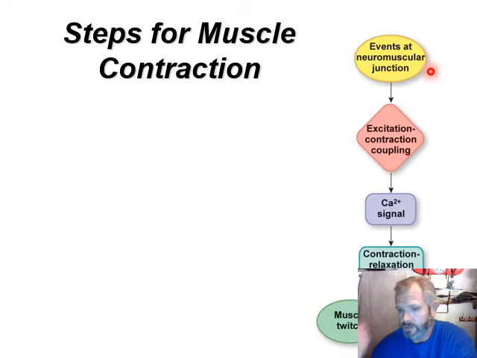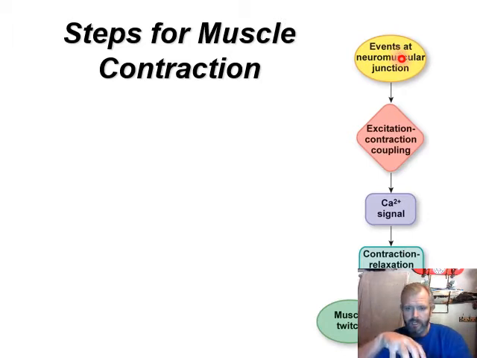Our muscles are consciously controlled. We have neurons in the brain, pathways that send down to our muscles, and so the events at the neuromuscular junction where the motor neuron and the muscle meet up, that's where we're going to get the muscle excited. Remember, the muscle is like a neuron.